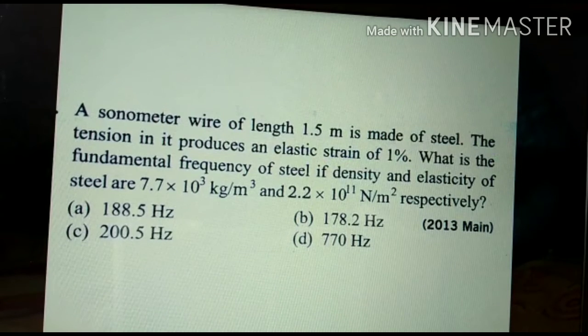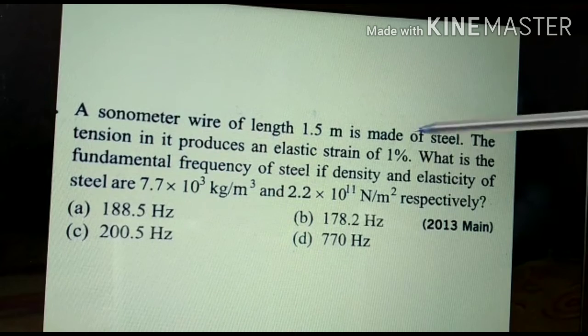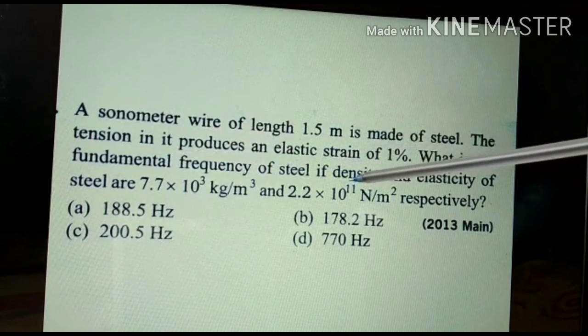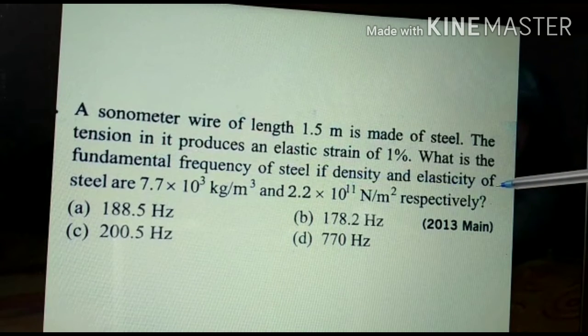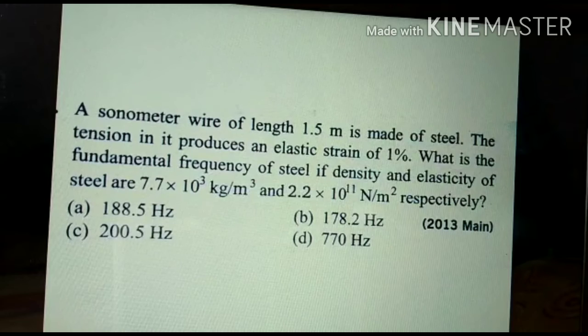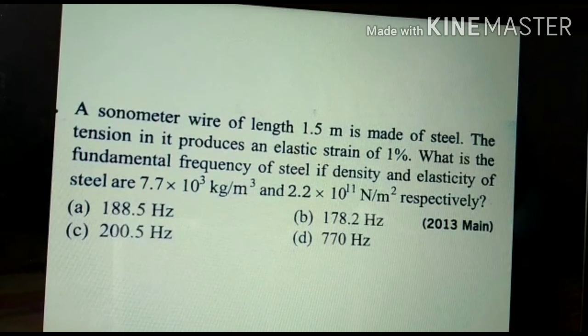Strain is del L by L. In percentage, del L by L into 100 equals 1% is given. What is the fundamental frequency of steel if density and elasticity of the steel are given like this? Elasticity of steel is nothing but Young's modulus. Young's modulus is given and density also given. Now we will go for the solution.